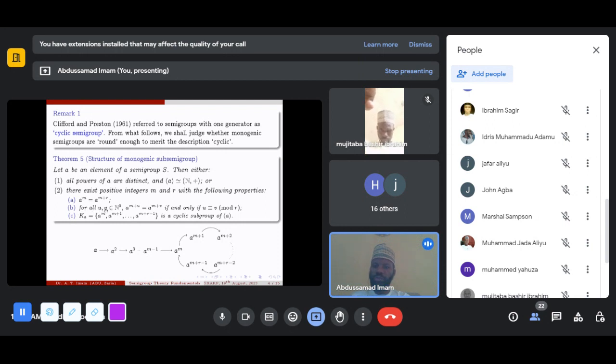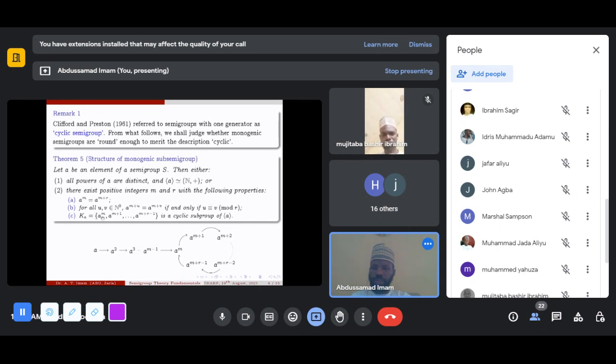And therefore, for all non-negative integers u and v, am plus u is equal to am plus v if and only if u and v are congruent to each other modulo r.